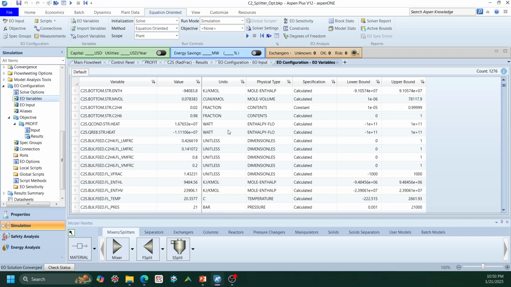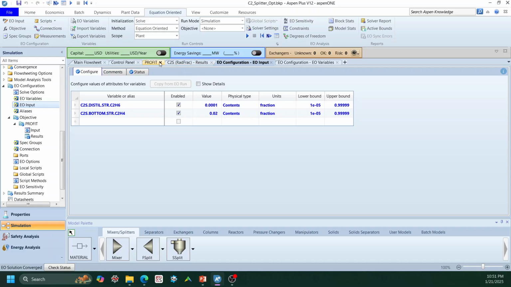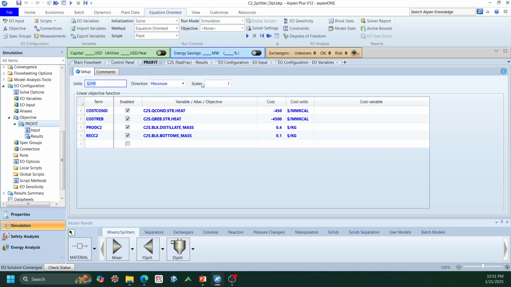The unit is in watt, and the flow. This is the physical type, and the spec is calculated. It's a unit of energy, right, in watt. Somehow I have the price unit as in this number, so I just put it there.